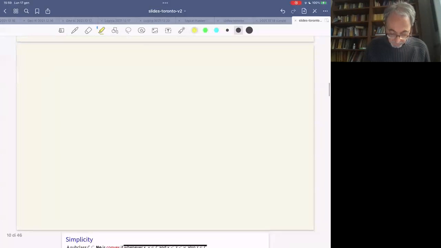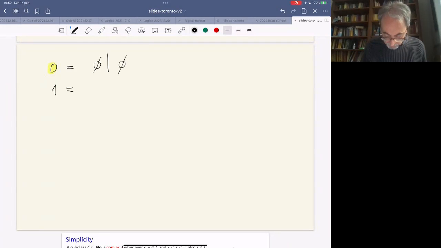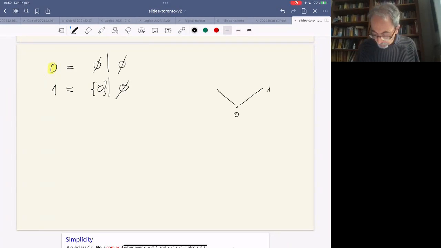So let me try. So 0 is the empty set, is the simplest element of all. 1 is bigger than 0 and empty set. So it's the simplest element bigger than 0. 1 is the simplest element bigger than 0.